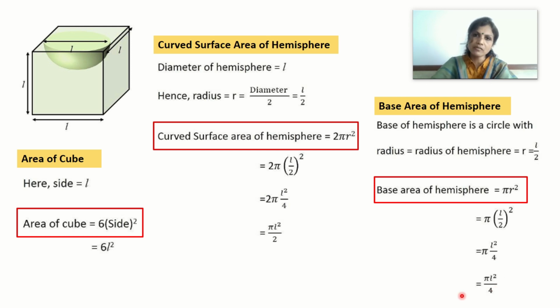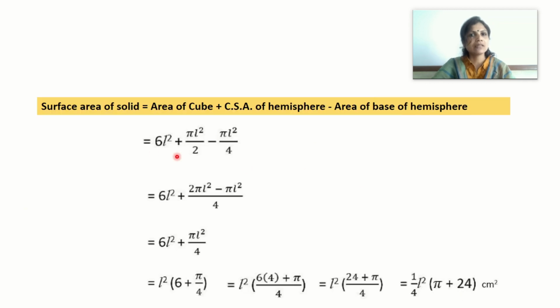Let us substitute these values into the formula which we have made. So by substituting all the values, we get 6L square, that's the area of the cube, plus pi L square upon 2, that's the curved surface area of the hemisphere, minus the area of the base of the hemisphere, which is pi L square upon 4.